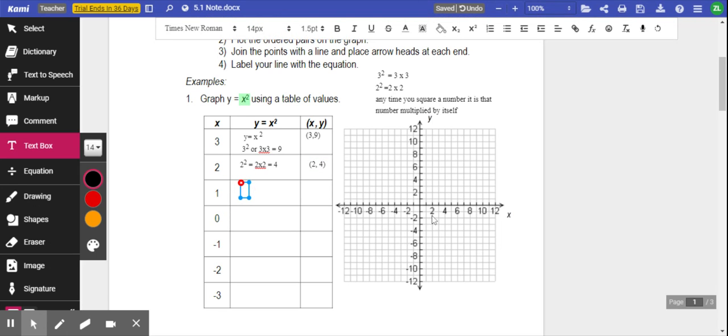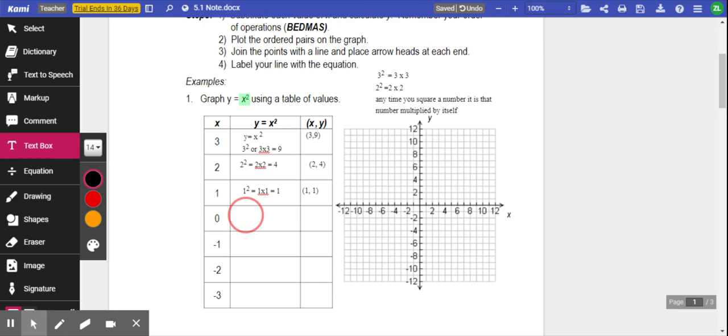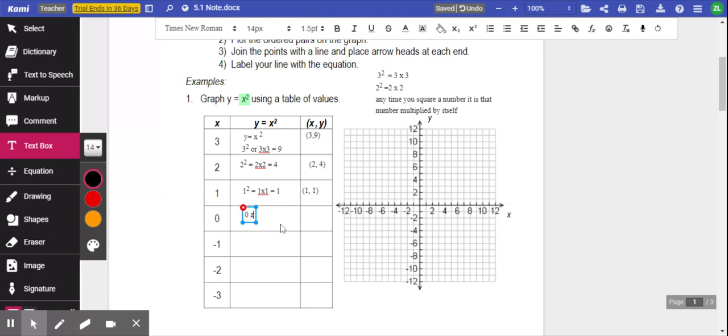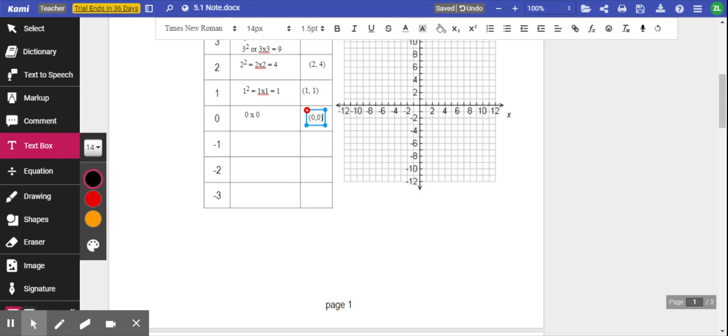Going on further, we have 1 squared, and if we make it look like 1 times 1, we know that 1 times 1 equals 1, and when we plot it, in this case, we will have 1 and 1. Now 0 is a funny one. If we multiply 0 by 0, or we do 0 squared, it's still equal to 0, and both the y and x values are 0.